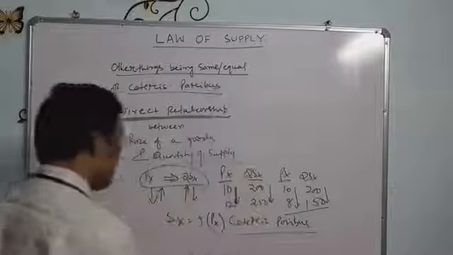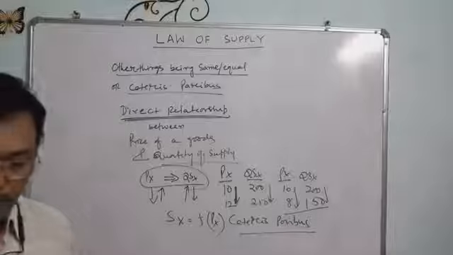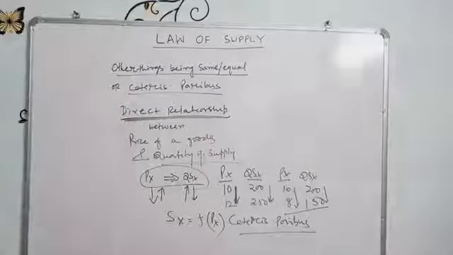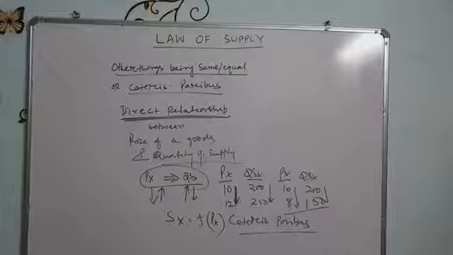Ceteris paribus. It means if the law of supply implements between the price of the goods and the supply of the goods, then in which cases? What are those other things being equal?